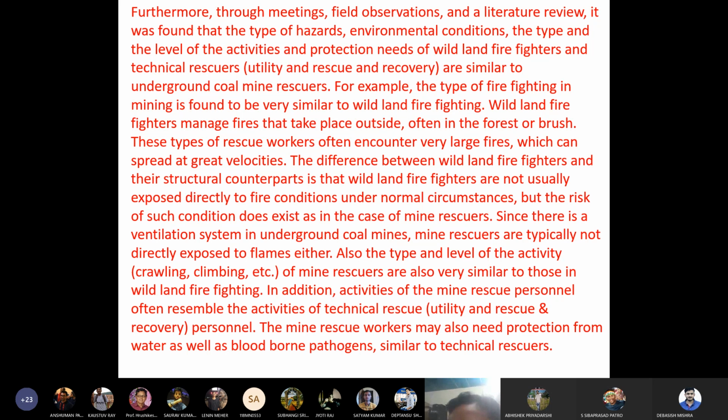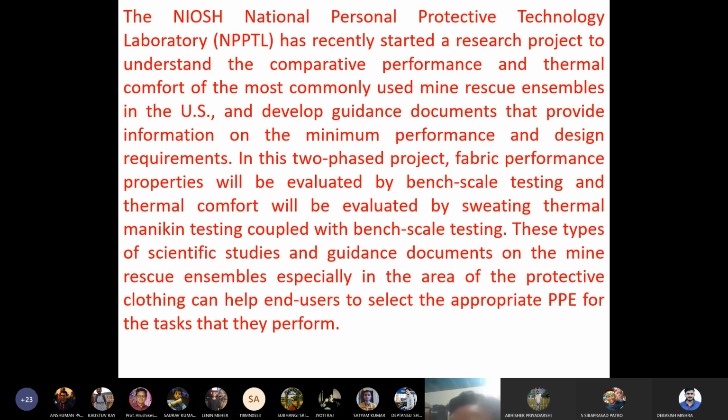The National Institute of Occupational Safety and Health, National Personal Protective Technology Laboratory, has recently started a research project to understand the comparative performance and thermal comfort of the most commonly used mine rescue equipment in the United States of America, and develop guidance documents that provide information on the minimum performance and design requirements.